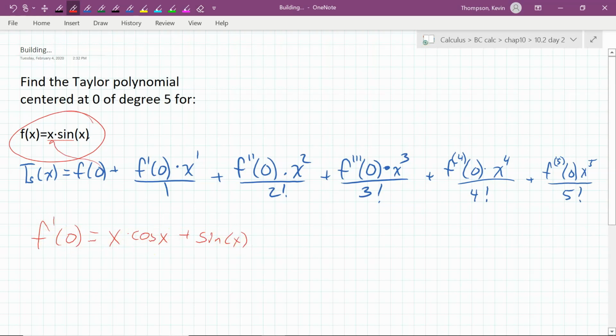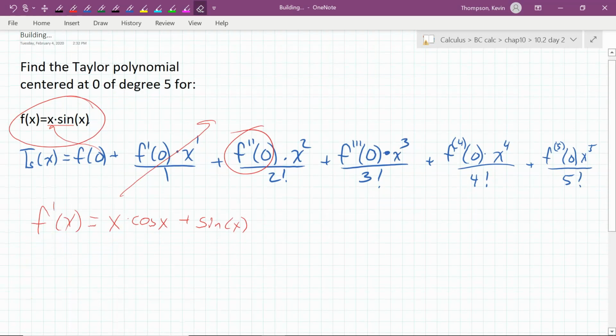Now I need to substitute 0 into that, and what's the answer? I heard 0. Is that right? So if this is 0, then this piece would all drop out, right? But for this piece, I would now need the second derivative. I said 0 there, that should be x.